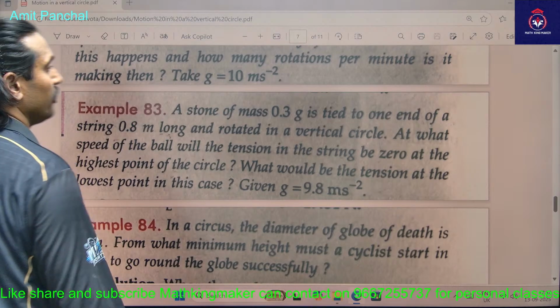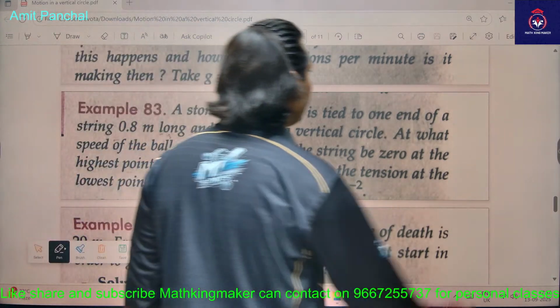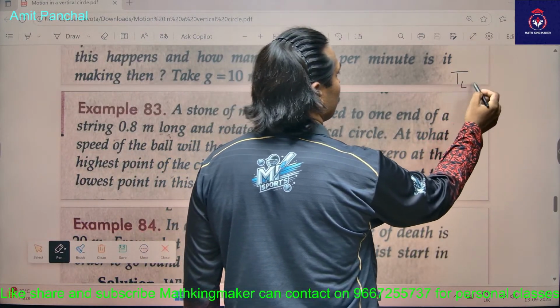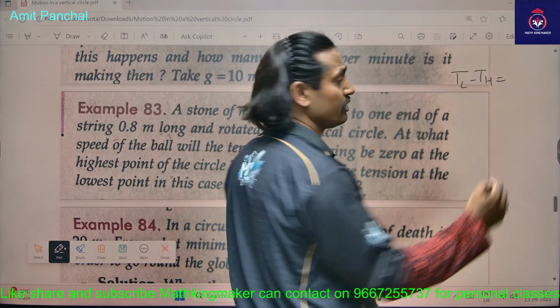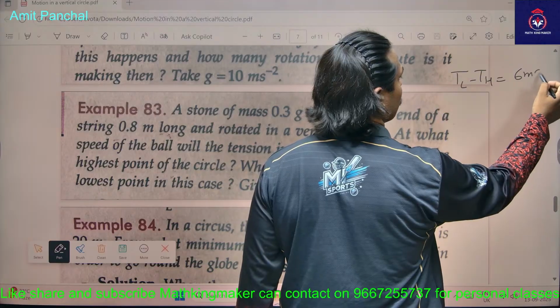Okay, we know TL minus TH is 6 mg, that is in the formula.